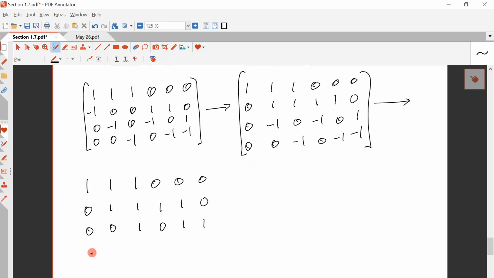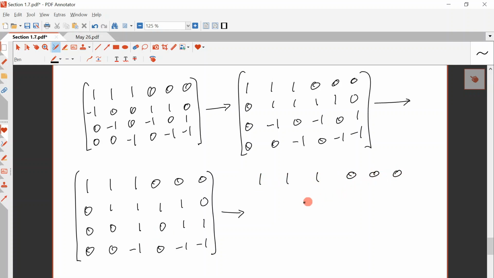And then I'm left on the bottom here with 0, 0, minus 1, 0, minus 1, minus 1. And now add row 3 to row 4. And I get all zeros. So where are the pivots?